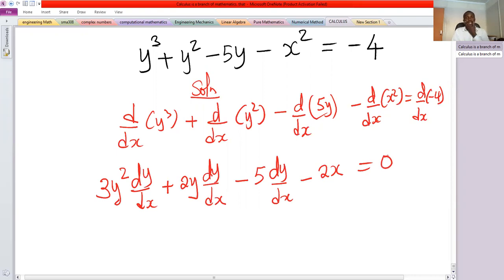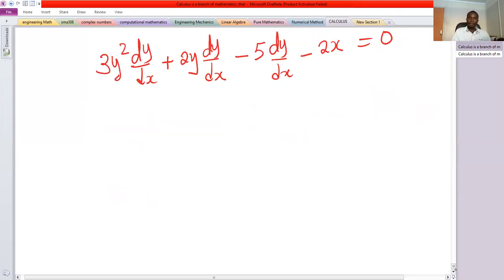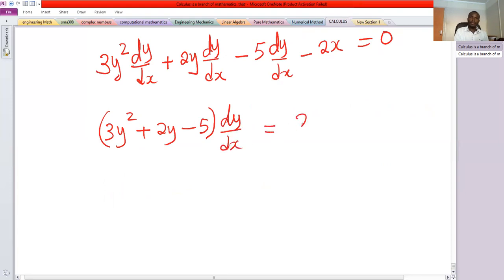Derivative of a constant is always 0. So we'll have 3y squared plus 2y minus 5, dy dx, equals 2x.